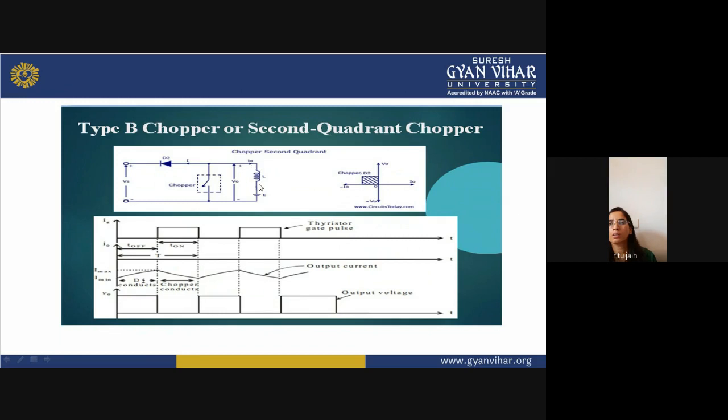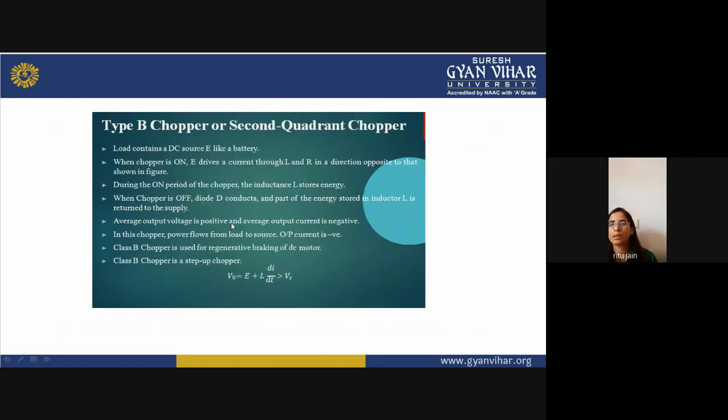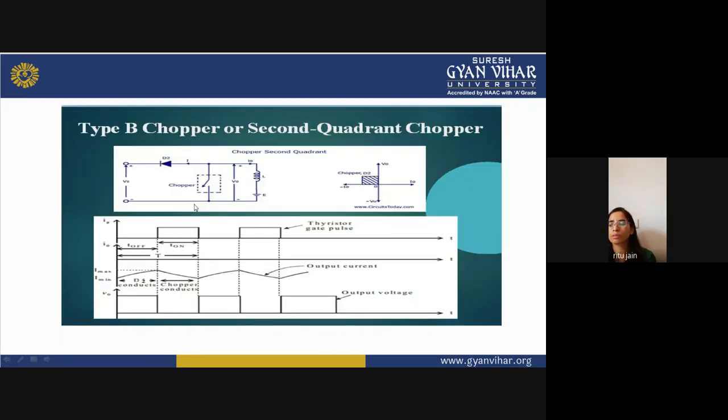The energy that was stored in the inductor will start to flow, and the current will flow through the diode from load to source, in the opposite direction to the load current. So in this case the current is also in the negative direction, and then the average output voltage is considered when the chopper is turned off.